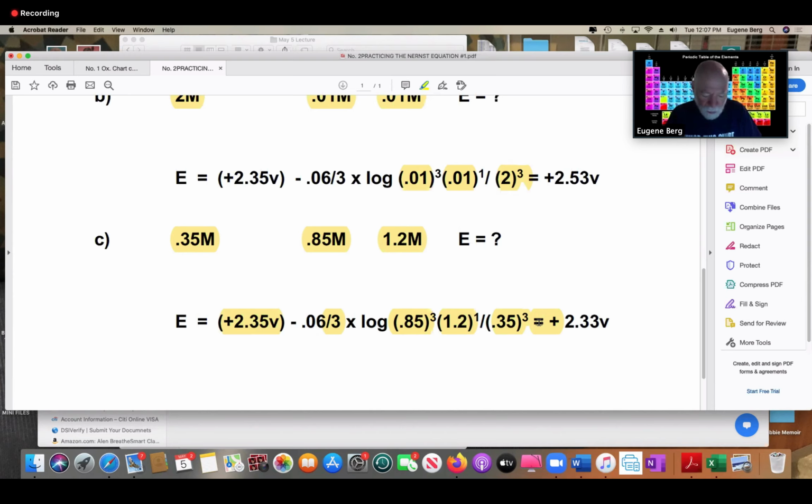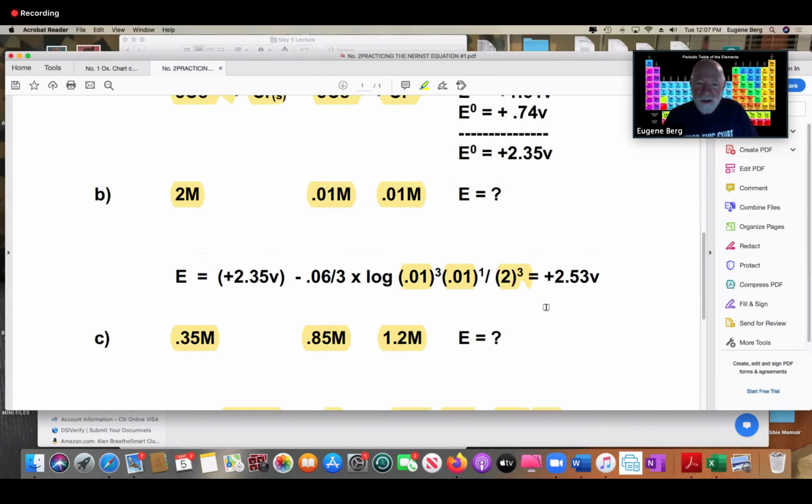I'll hit my log button, and then it's got to be multiplied times negative 0.02. And this gets added to the E0, so plus 2.35, and I get an answer of 2.325, which adds up to 2.33.